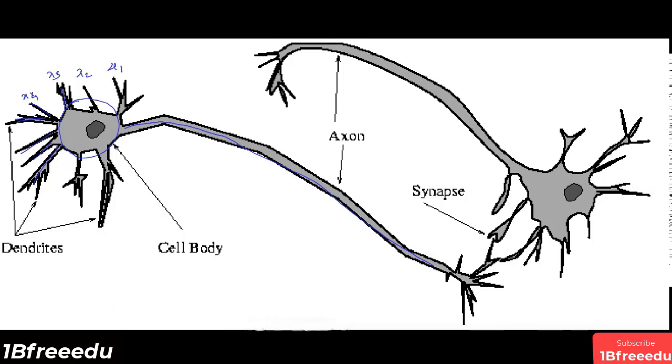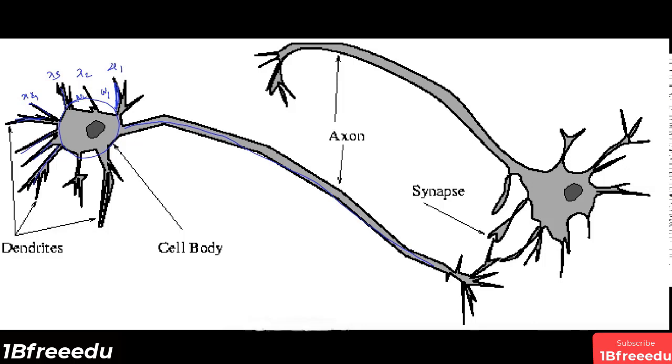Let's say x1 is connected with weight w1, x2 is connected with weight w2, and so on. The more the importance of the input, the more the weight, or the thicker the dendrite.